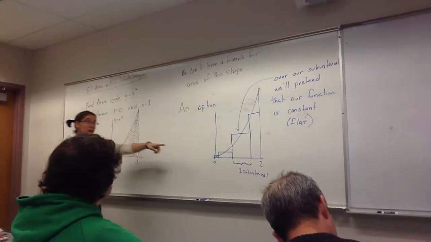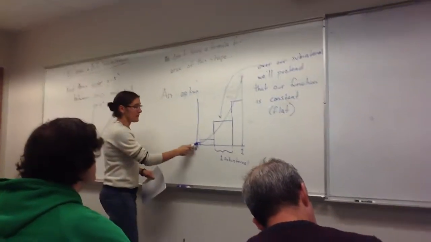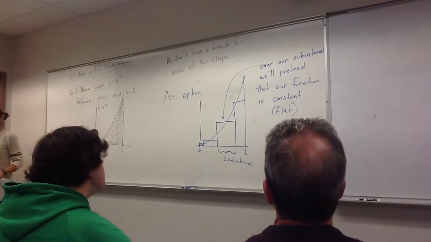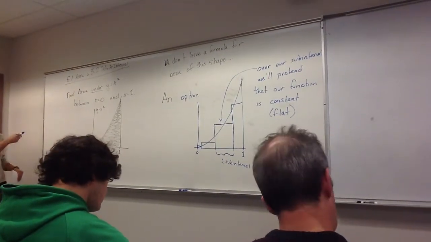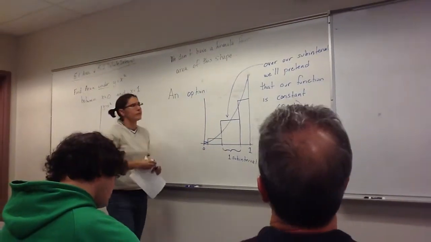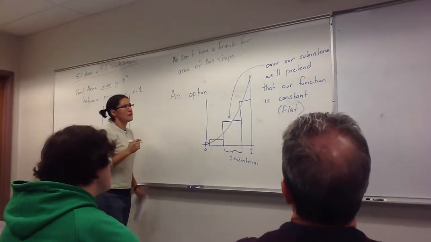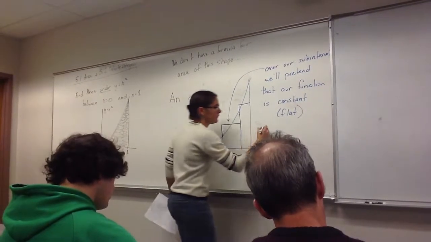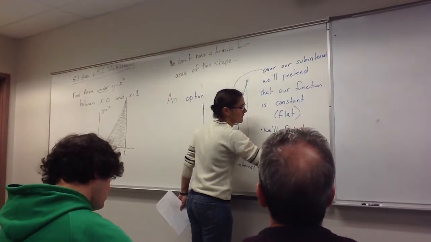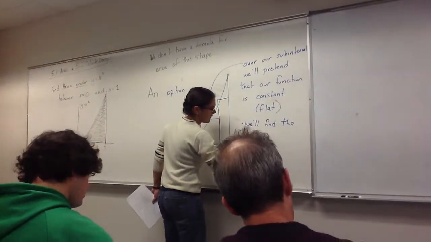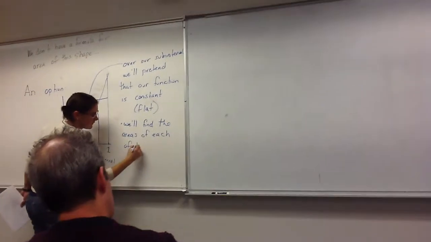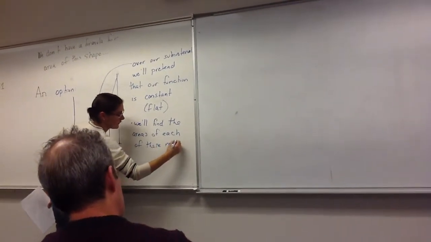And so when I do this, then I can find the areas of each of these rectangles. Area of a rectangle is base times height. And I find the area of those rectangles, and I'm kind of finding the area under our curve. So over the subinterval, we'll pretend that our function is constant. And then we'll find the areas of each of these rectangles.